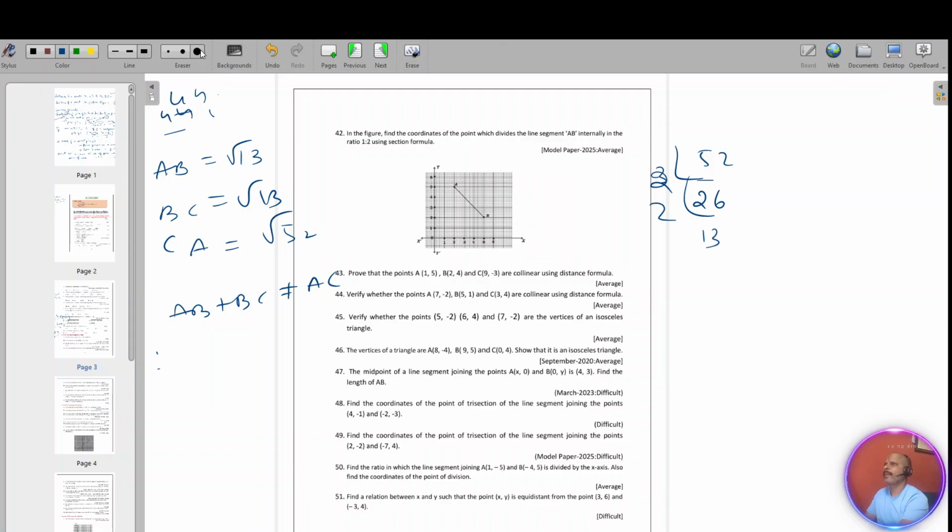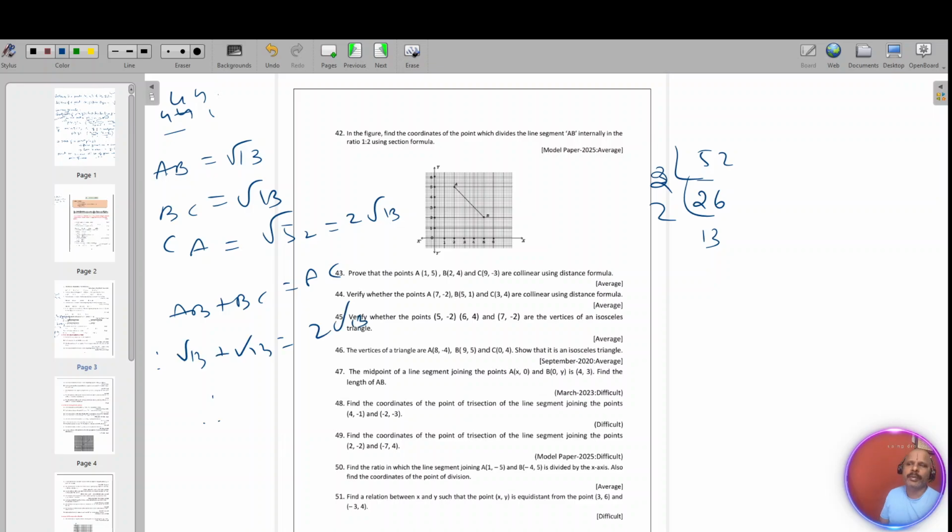Perfect. So root 52 means 4 into 13, so 2 root 13. So this becomes AC. Just check out. Root 13 plus root 13 is 2 root 13, right? 2 times. You should know the addition of root numbers. That's called surd. So root 13 plus root 13 is equal to 2 root 13. Therefore, given points are collinear.